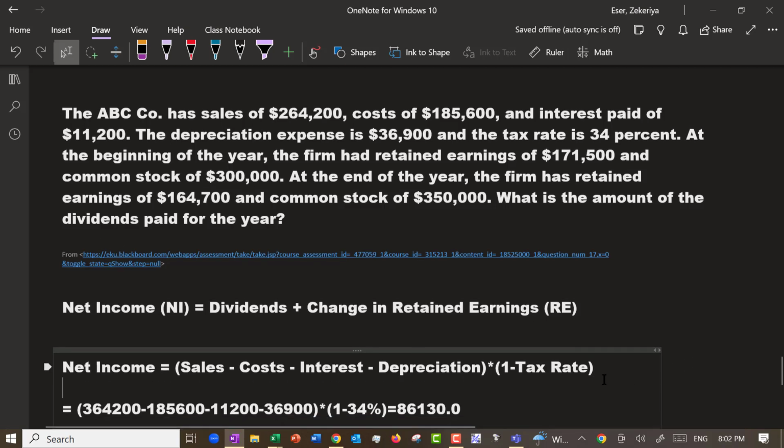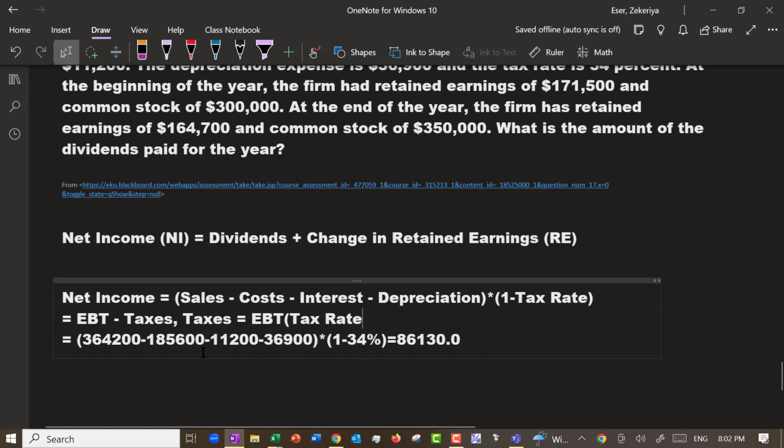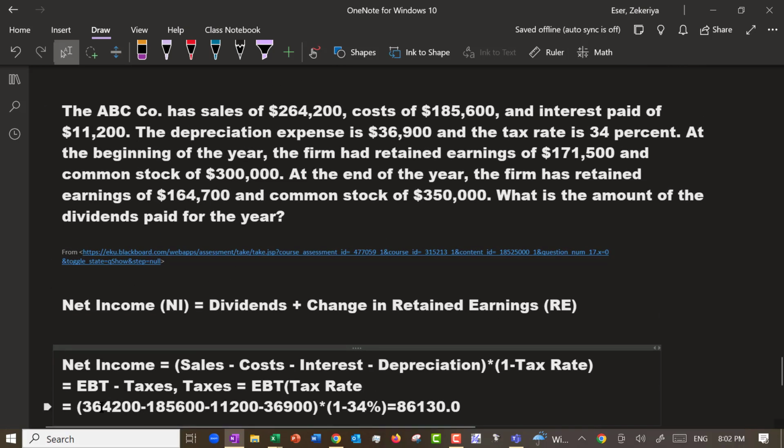You can think of this as earnings before tax minus taxes, and taxes are earnings before tax times tax rate. Is that supposed to be 364,200 or 264,200? Your sales, or your start of the equation? Oh, thank you.